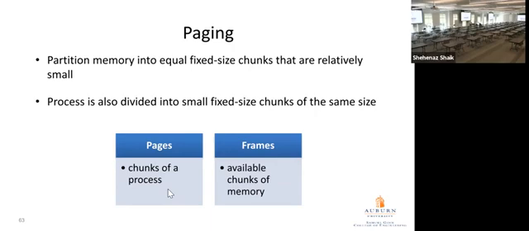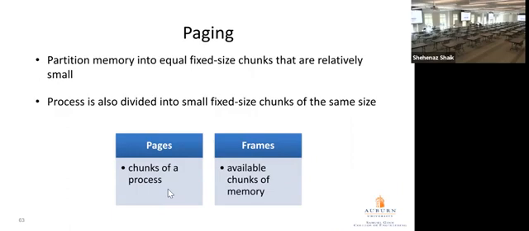And at the same time, we also ensure that the page size from the logical address space of a process is exactly the same as the frame size of each frame, which is part of the physical memory.